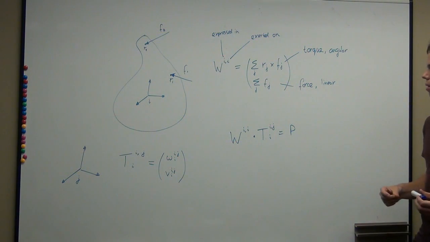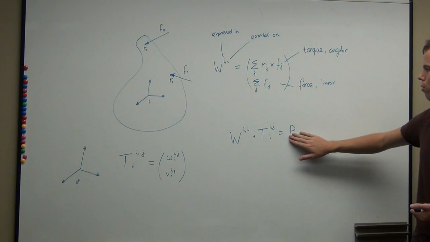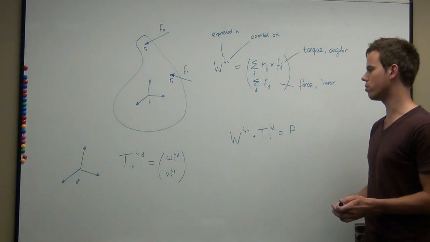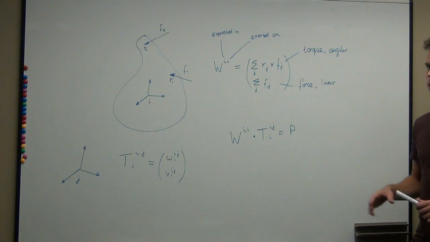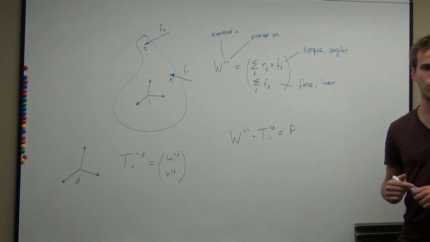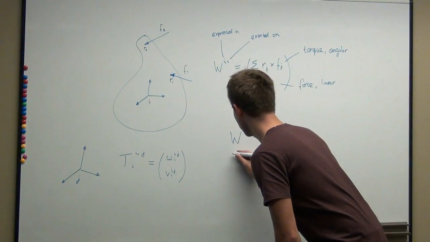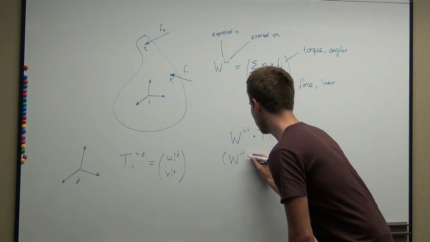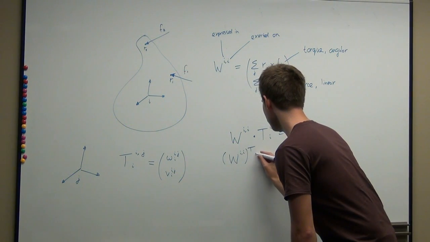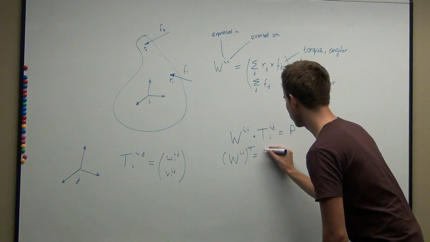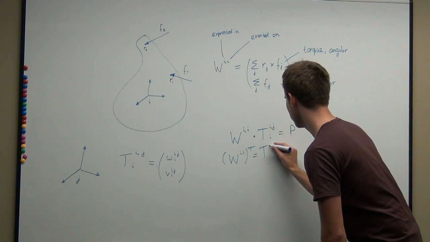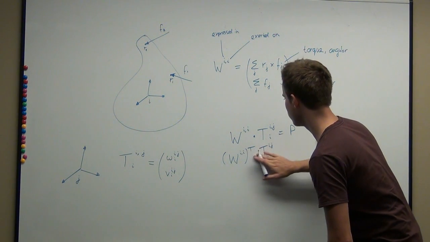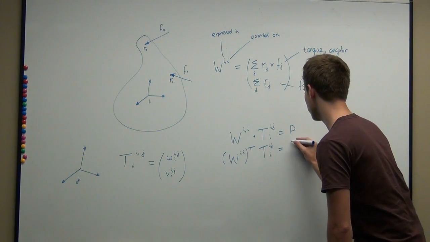So this is the power associated with this twist and this wrench. And the dot product can just be written as transpose of the first one times the second one, equals T I J I transpose times W I, still the same P.